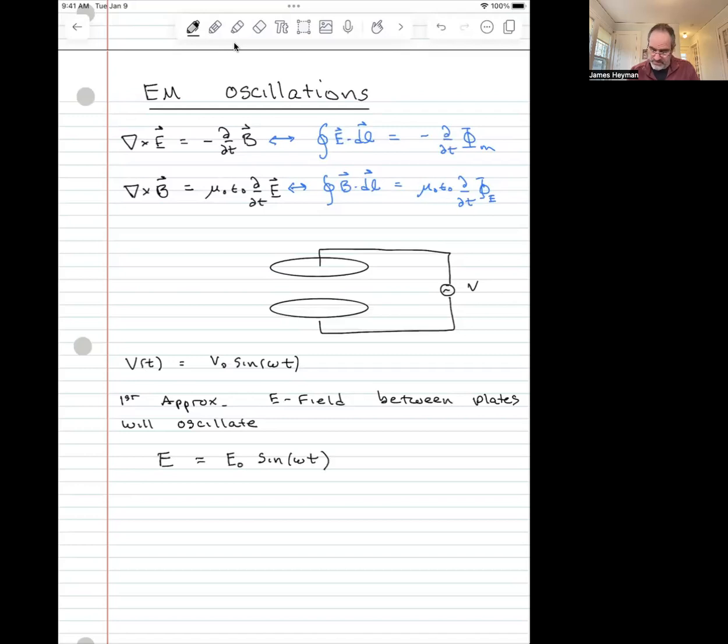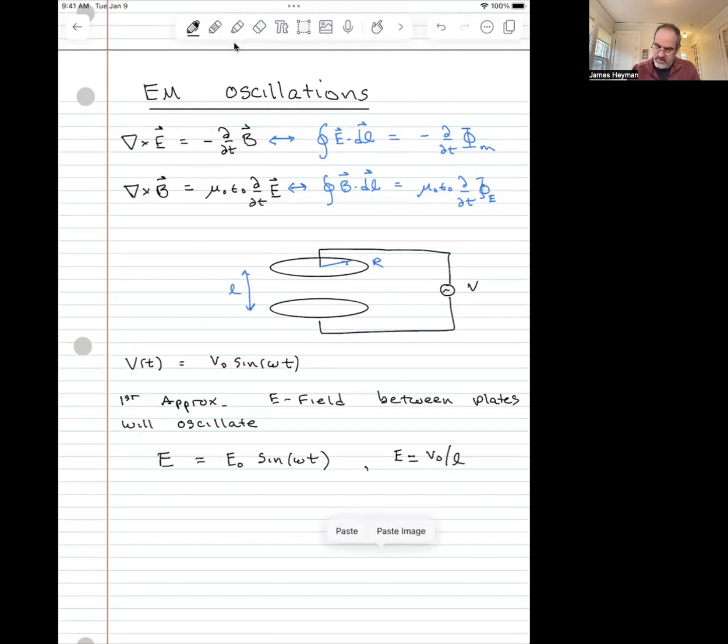And at least at the point between the plates, we expect that E0 should be equal to V0 divided by the distance between the plates, L. Okay. Oh, and as long as we're setting this up, let's also call the radius of the plates R. Okay. Good.